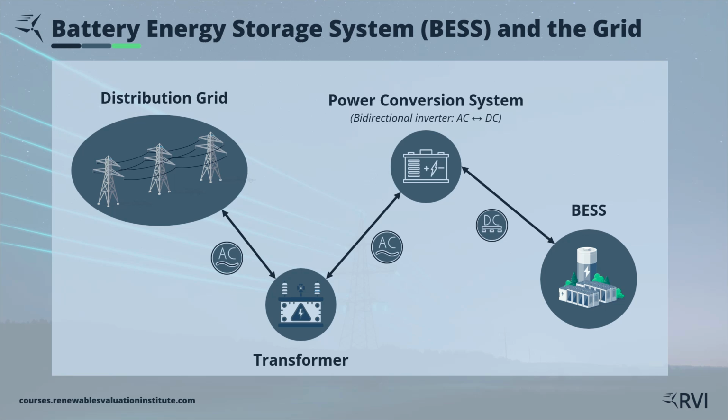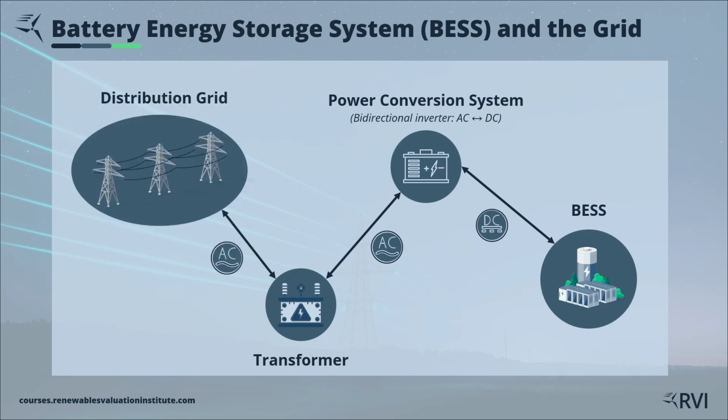That's the part we effectively captured in the previous lesson when we modeled efficiencies and DC energy inside the BESS. In discharge mode, the process runs in reverse. The power conversion system takes the battery's DC energy, pushes it back into the transformer, which then sends clean, grid-synchronized AC back to the grid.